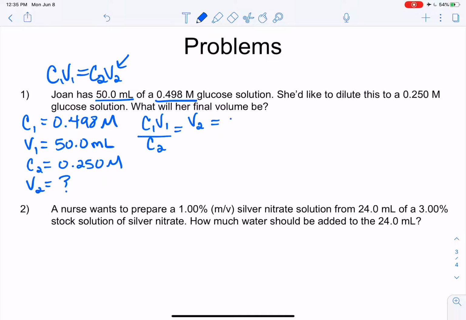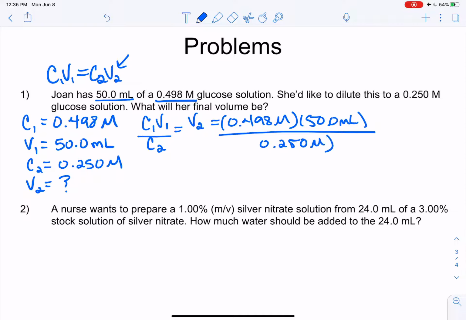So C1, we've got 0.498 molar, and V1 is 50 milliliters, and C2 is 0.250 molar. And what cancels out?